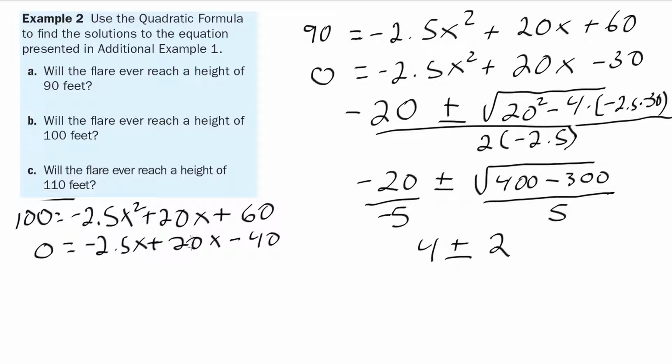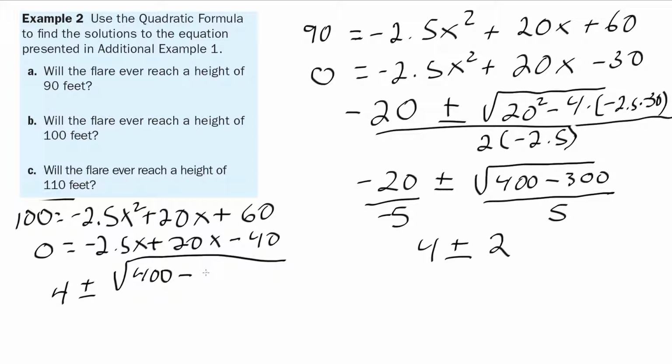So I will have still this negative 20 over a negative 5, which is 4, plus or minus the square root of 400, that's 20 squared, minus 4 times a times c. The only difference here is we've added another 10 to it, basically.